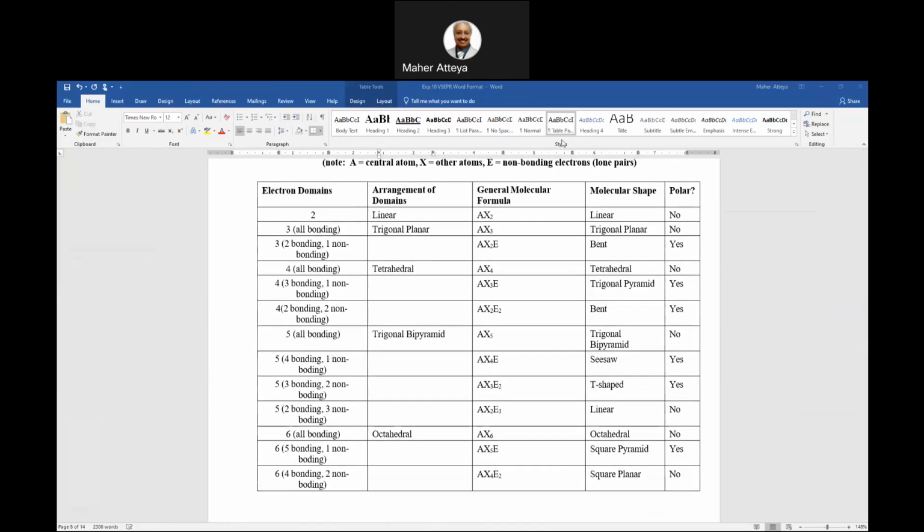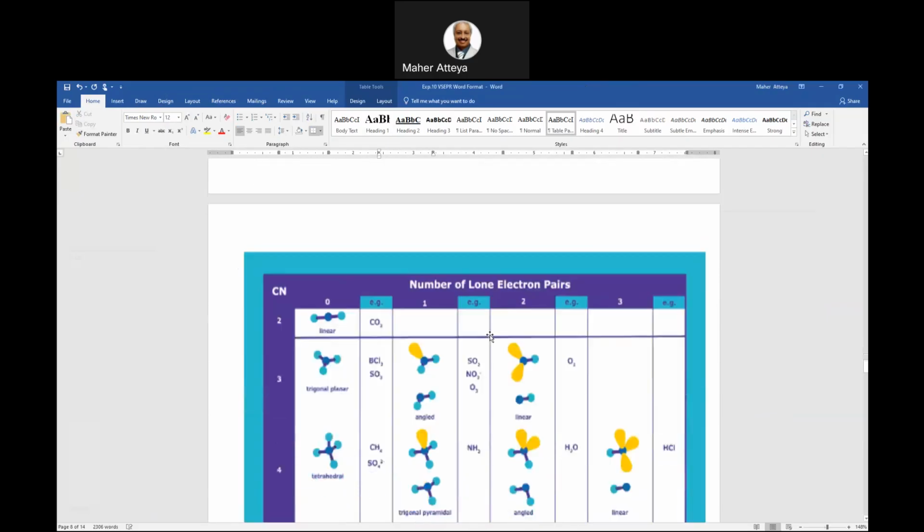All bonding. This is 4, 5 of them, all of them bonding. So the trigonal bipyramid, for both the molecular geometry and for the electron geometry, both.